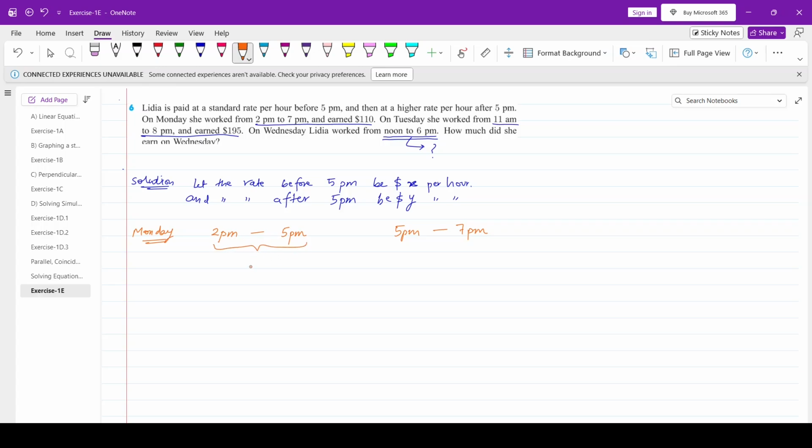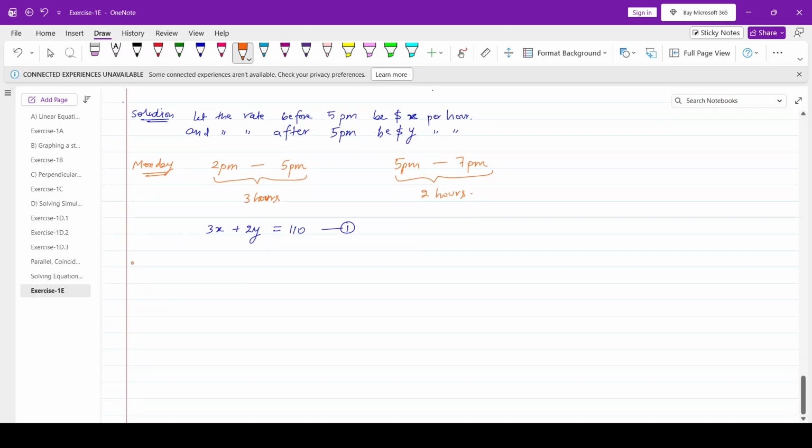So this will be 3 hours and this will be 2 hours. Can we say on Monday she worked for 3 hours at X dollars per hour and 2 hours at Y dollars per hour. So her total amount will be 3x plus 2y and she got a total of $110. That is our equation 1.